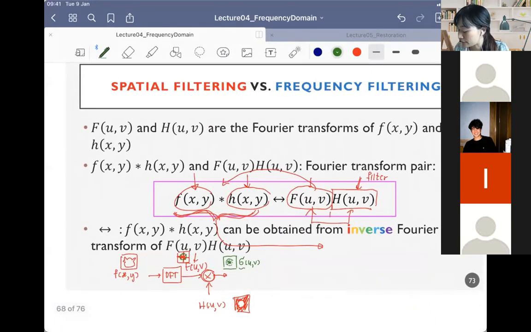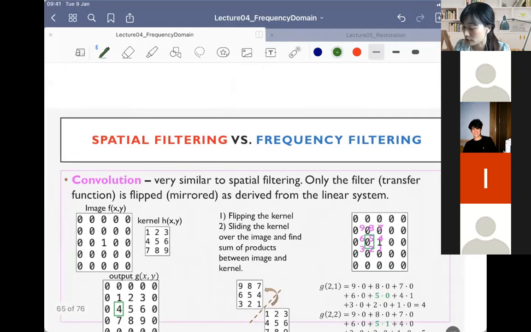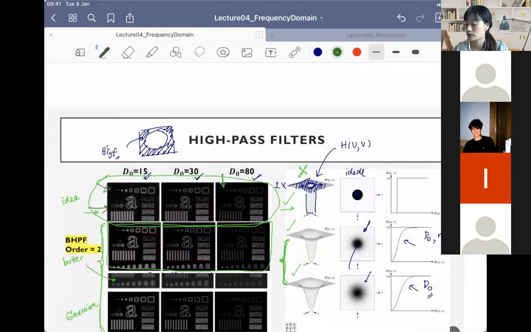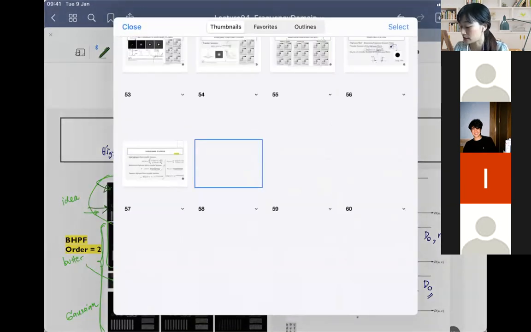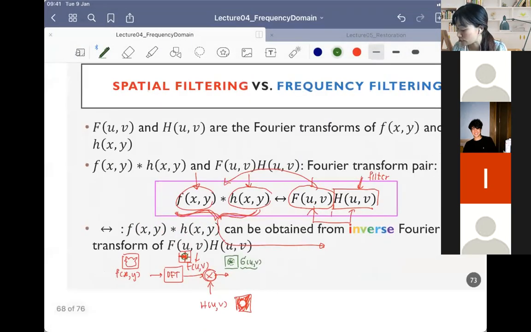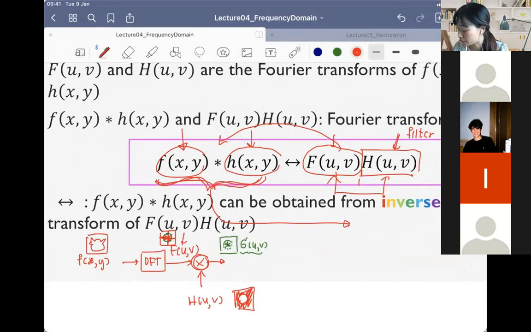So this is the filtered image, right? And then how do you get the original image? You have to apply the inverse Fourier transform to get g(x,y), which is the image after we have applied the frequency filtering.